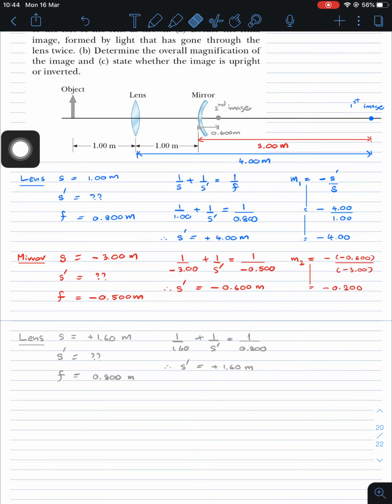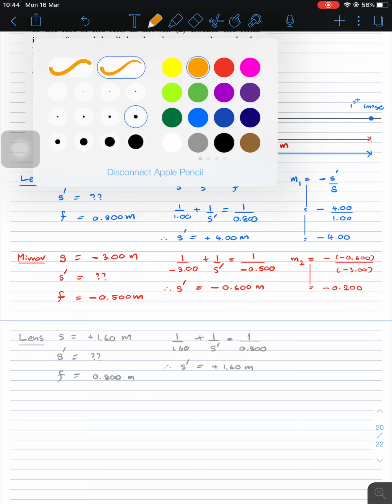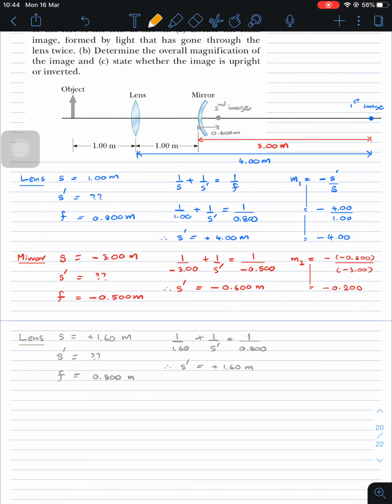It should be somewhere here, 1.6. Now this is going to be the final image, and the distance is 1.6 meter from the lens.